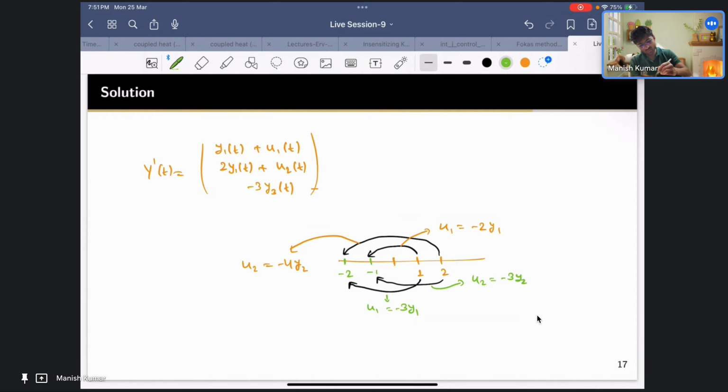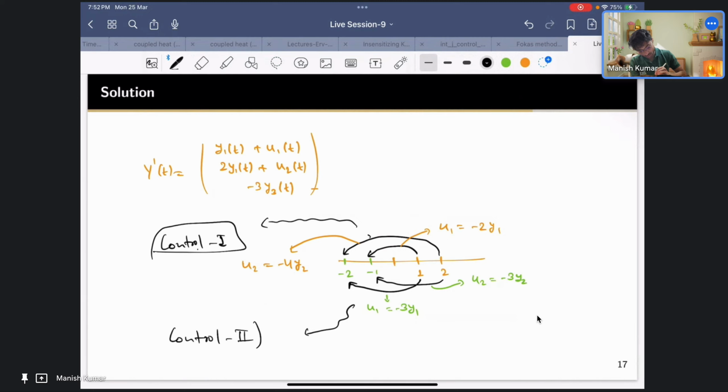So this is maybe case 1, or type 1 of the control, control 1, and this is control 2. Okay, so over here we are not getting the controllability, but we can stabilize the system.